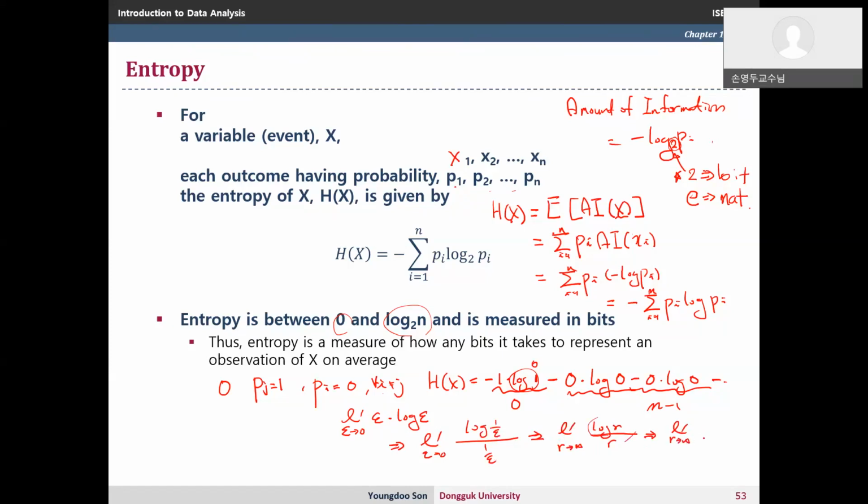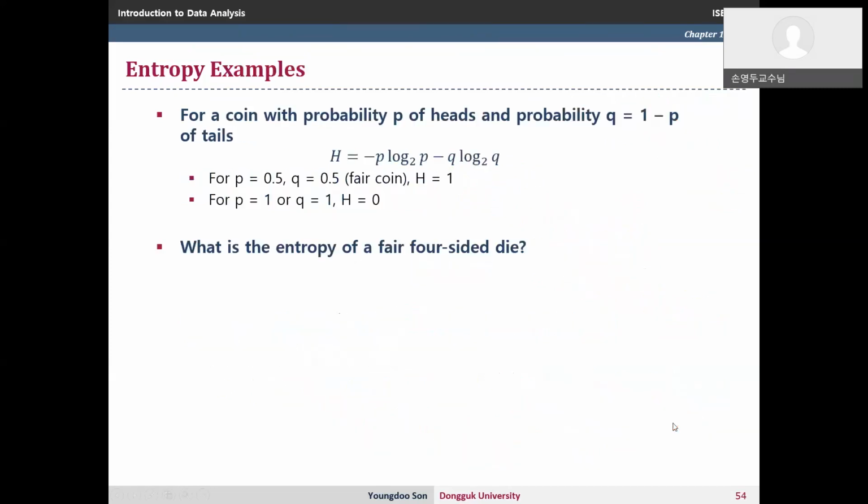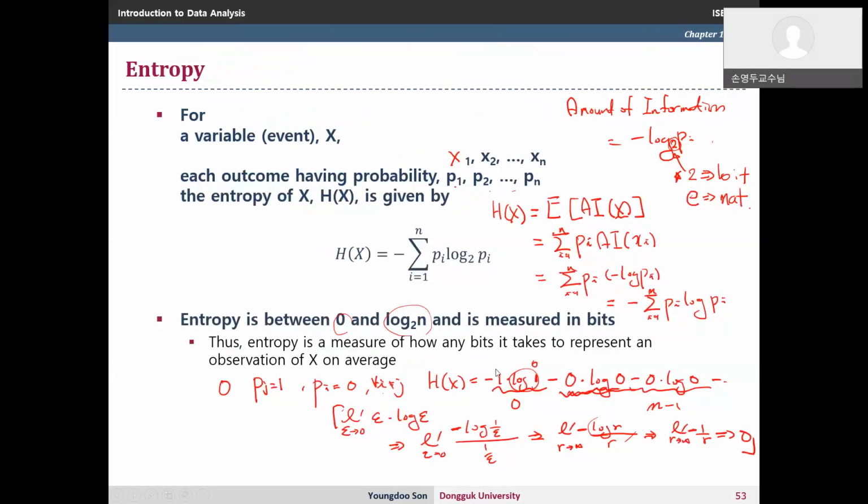The derivative of log r is 1 over r, and the derivative of r is 1, so it would be 0. Okay, so if we take the limit, here should be minus. These values will be 0.